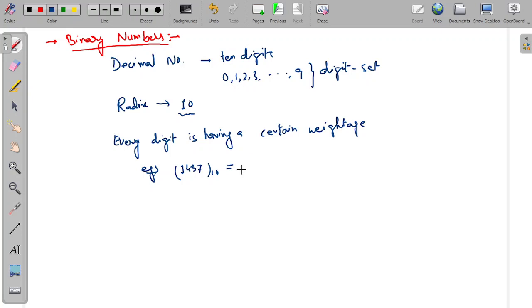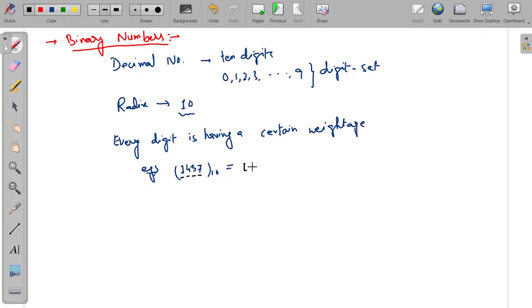The value of this number can be calculated from the digit present at each position, multiplying with its weight. The weightage of the first digit is 10 to the power 0, the second digit is 10 to the power 1, the third digit is 10 to the power 2, and the fourth digit is 10 to the power 3.